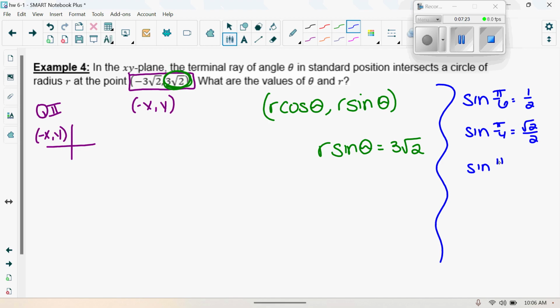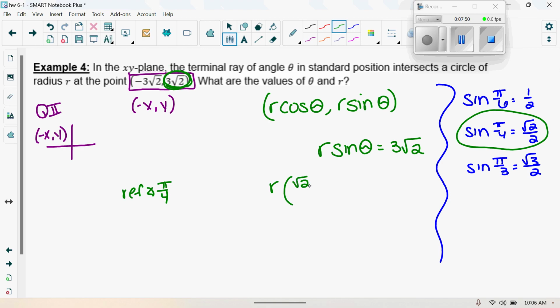And the sine of pi over 3 is equal to radical 3 over 2. So I see a 2 under my radical, which means I have to be talking about this value. So I have to have a reference angle of pi over 4. So that means that r times radical 2 over 2 had to give me 3 radical 2.